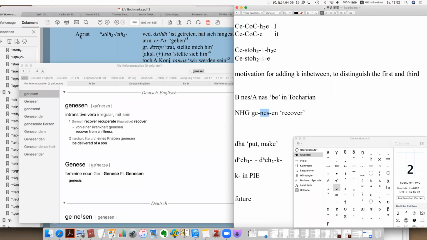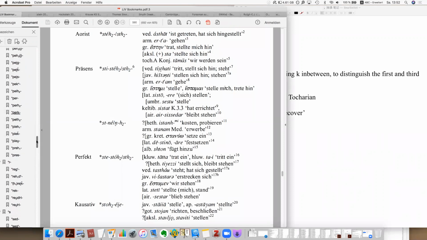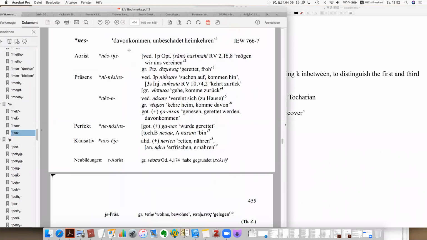And this nes goes back to the PIE root nes. And this PIE nes has a very interesting meaning. It means "davon kommen, unbeschadet, Heimkehr". So it means that you are unhurt and safely come back home. You come back home safely without any injury.